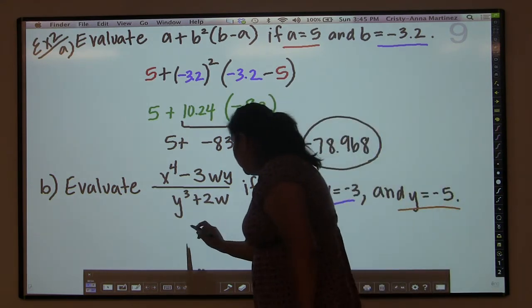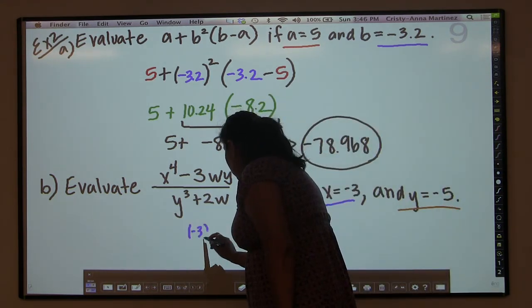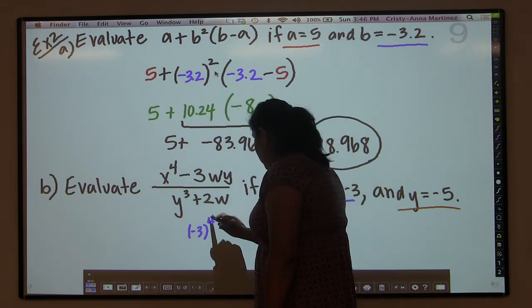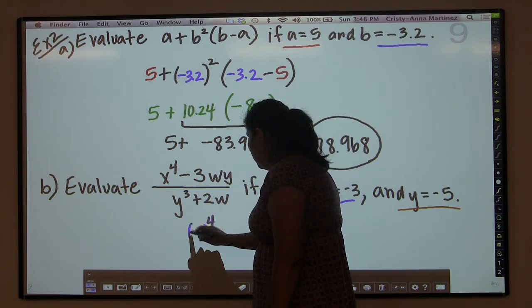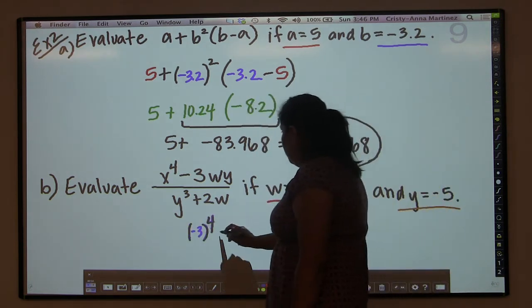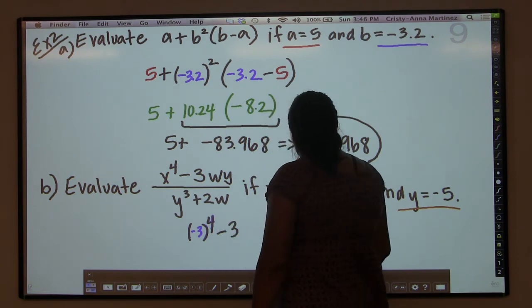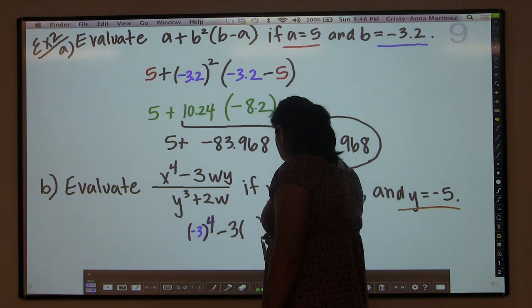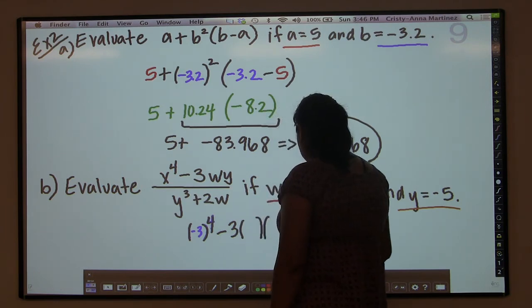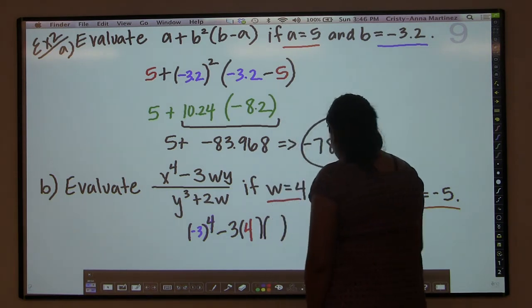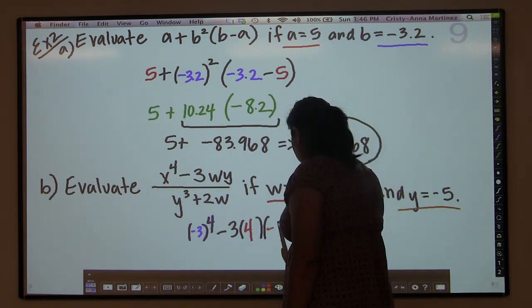Again, because it's negative, I'm going to use parentheses. So I'm going to get negative 3 to the 4th power minus 3. And then we got W. I'm going to use parentheses for my W and my Y. W is 4, and Y is negative 5.